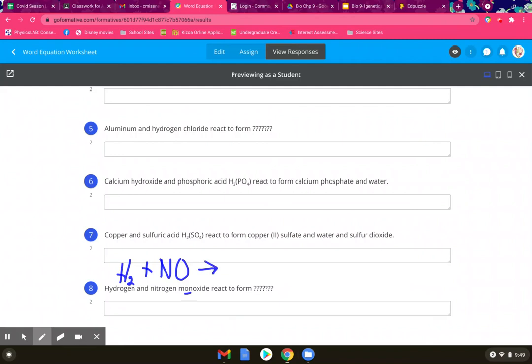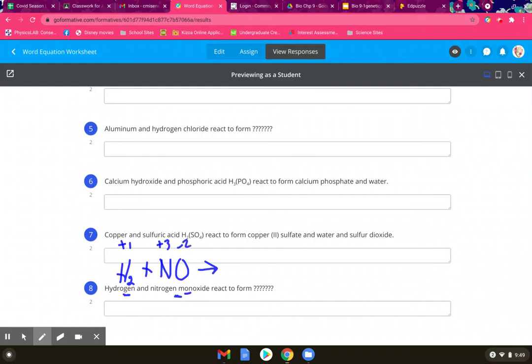So this one is going to be a single replacement because we have an element by itself and a compound. Hydrogen is a +1. Nitrogen is a +3. And oxygen is a -2.